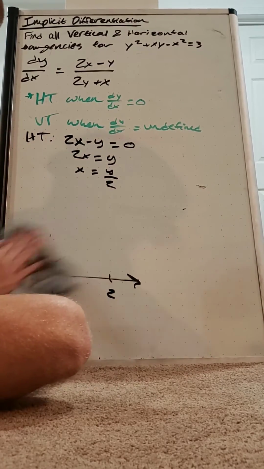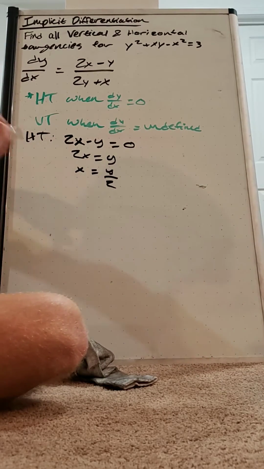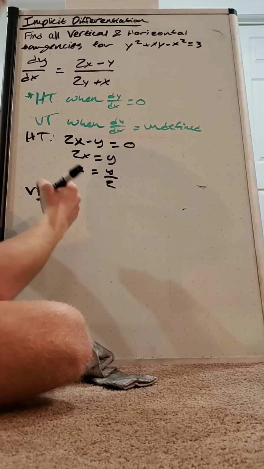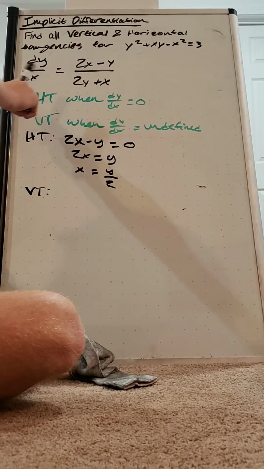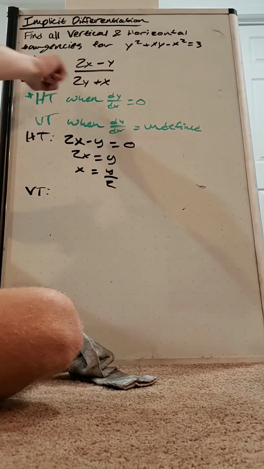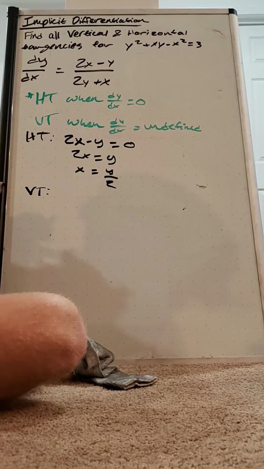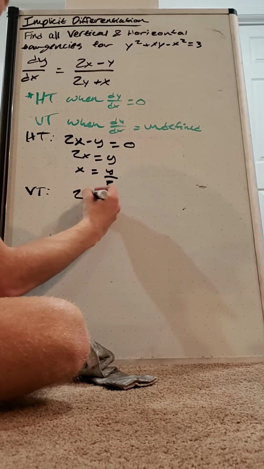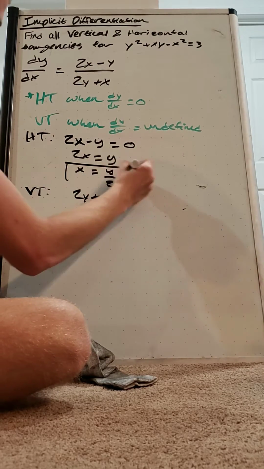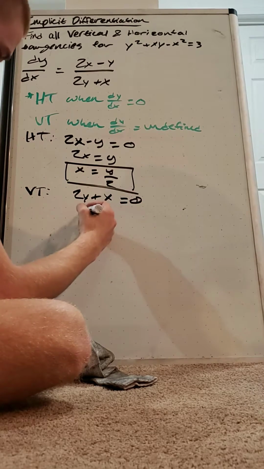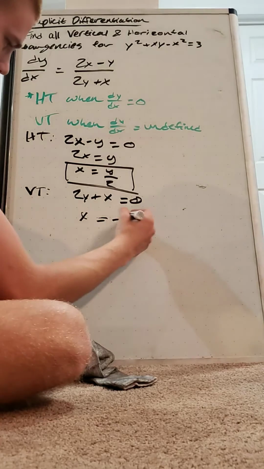And similarly with vertical tangencies for this one, it's going to have a vertical tangent when this is undefined, which means the denominator is 0, because we can't have a fraction with a denominator of 0. So to find this one, we would set 2y plus x equal to 0, and x equals negative 2y.